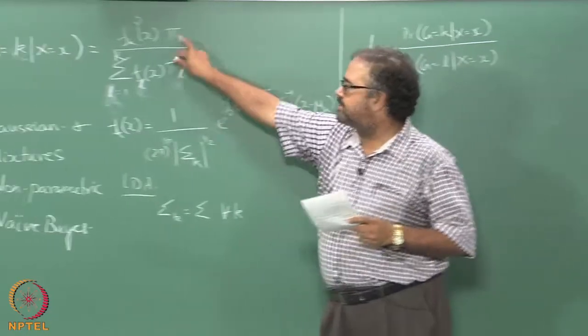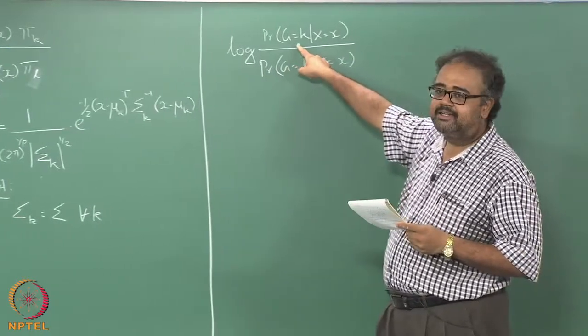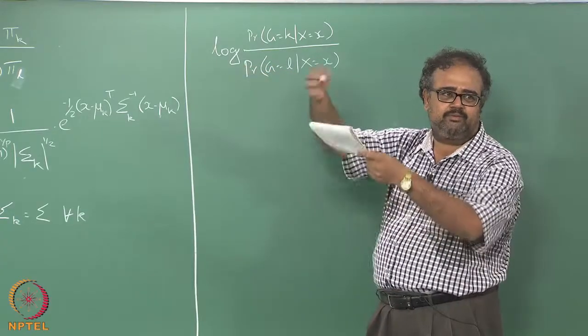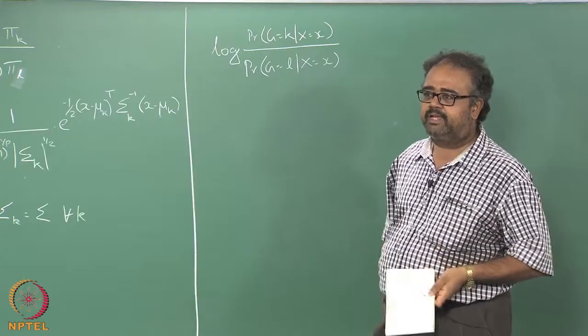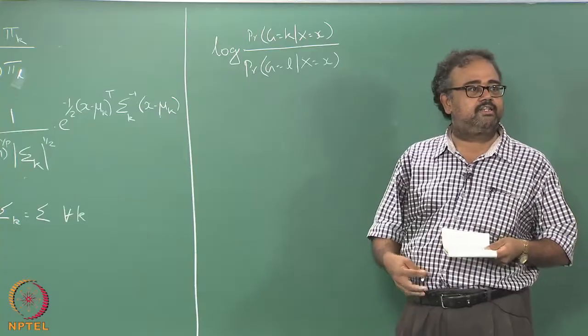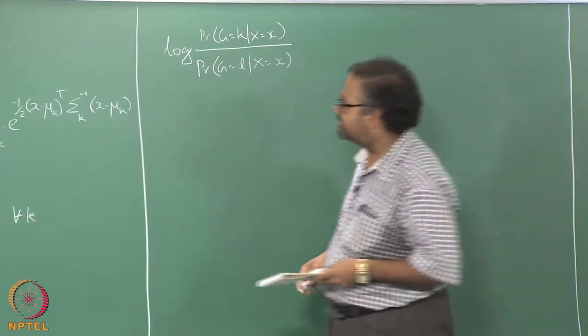We have to solve for pi as well. Solving for pi is rather straightforward: you just count the number of data points that belong to a class and divide by the total number of data points you have, and that gives you pi. It is not complex, but you still have to solve for it. It is not given to you a priori, so you have to estimate pi from data. So all these 3 parameters you have to estimate.